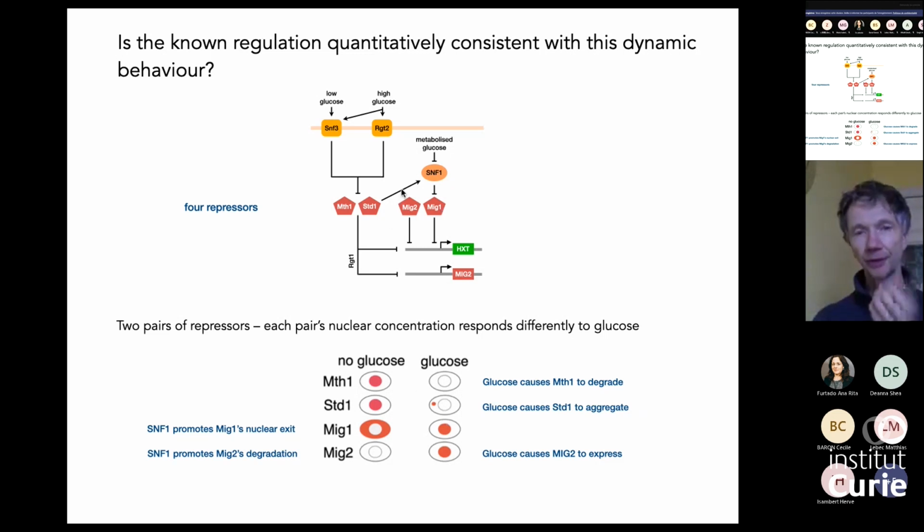In the presence of glucose, these both are inactive, which allows this one to be expressed. So these 2 express. It's complicated, but the picture you should have is that in no glucose, I have control through these 2 repressors. And then in the presence of glucose, that control shifts to these 2 repressors. So I have this interchange of regulation as glucose shifts.